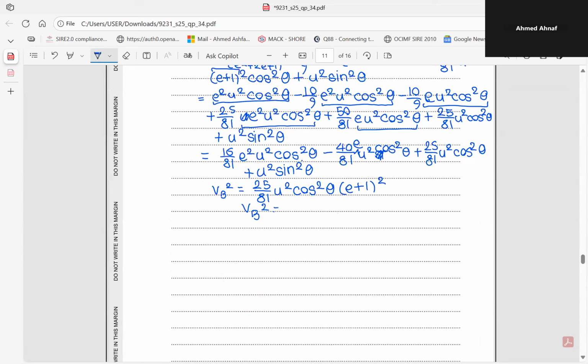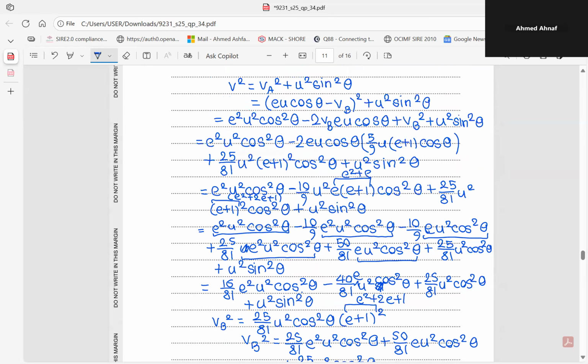This is just e squared plus 2e plus 1. So you get 25 over 81 e squared u squared cosine squared plus 50 over 81 e u squared cosine squared plus 25 over 81 u squared cosine squared theta.